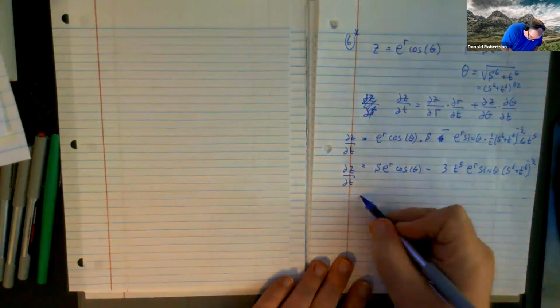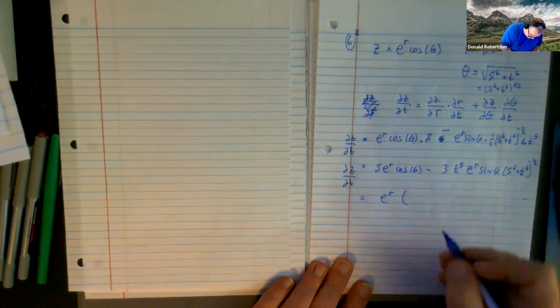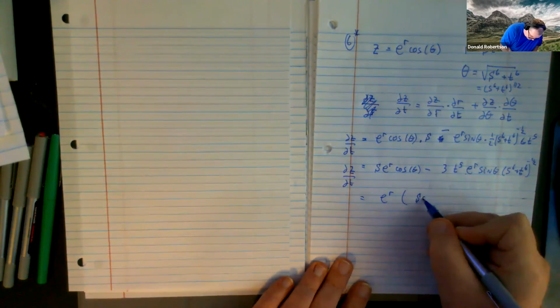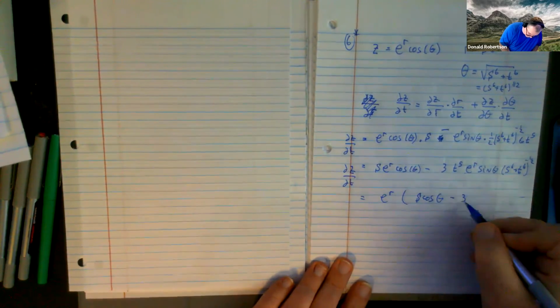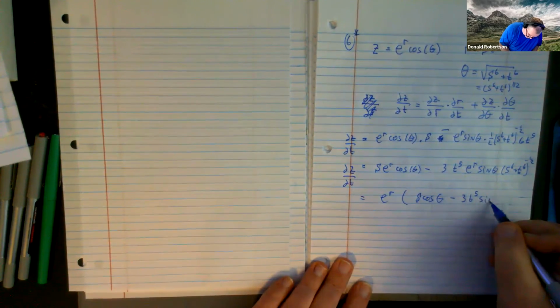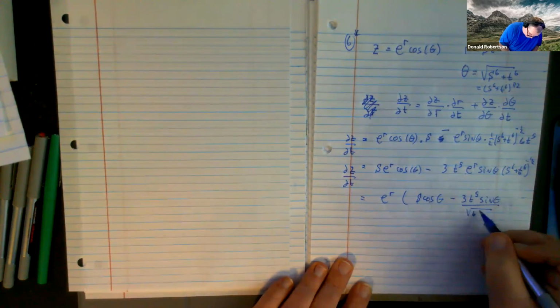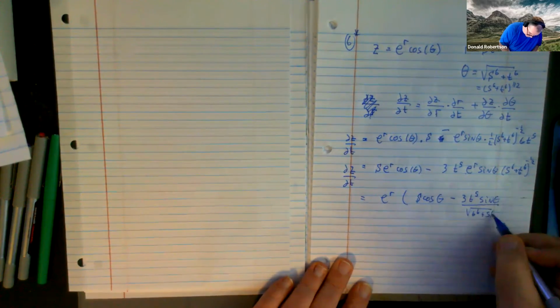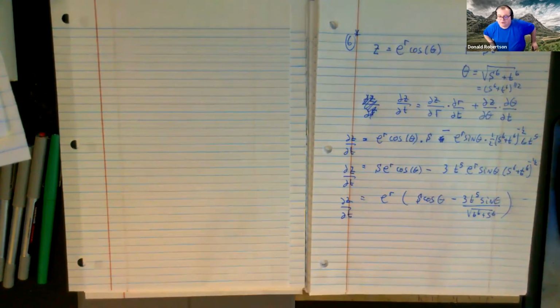I could probably pull out an e to the r as a common factor, and that would leave me with that as my first term. Take away 3 t to the 5 sine theta, and I probably should call that a square root on the bottom. And that's pretty much the best I can do with style points.